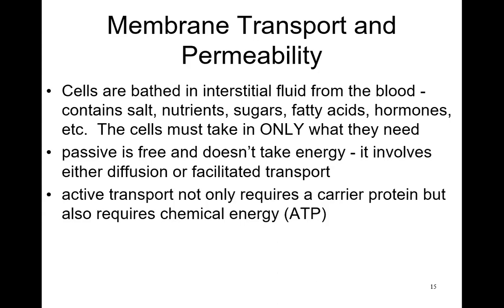Cells depend on the interstitial fluid to pick up nutrients, to pick up oxygen, to pick up proteins, to pick up hormones, and to get rid of waste products. See, our blood vessels are carrying all of our nutrients in solution. They're carrying our oxygen in solution. The oxygen's being carried by the red cells.